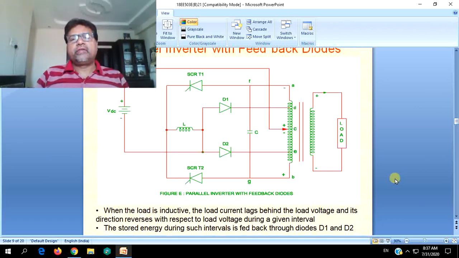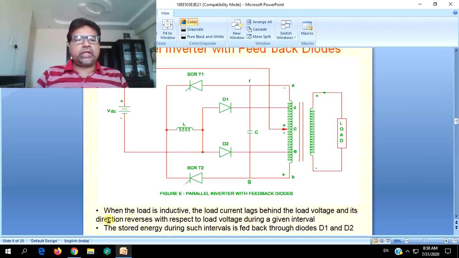And again, when voltage becomes positive at 360, current continues to flow in the reverse direction, and it will be negative between 360 and 360 plus 40, that is 400 degrees. Likewise, we can understand it with an example like that.